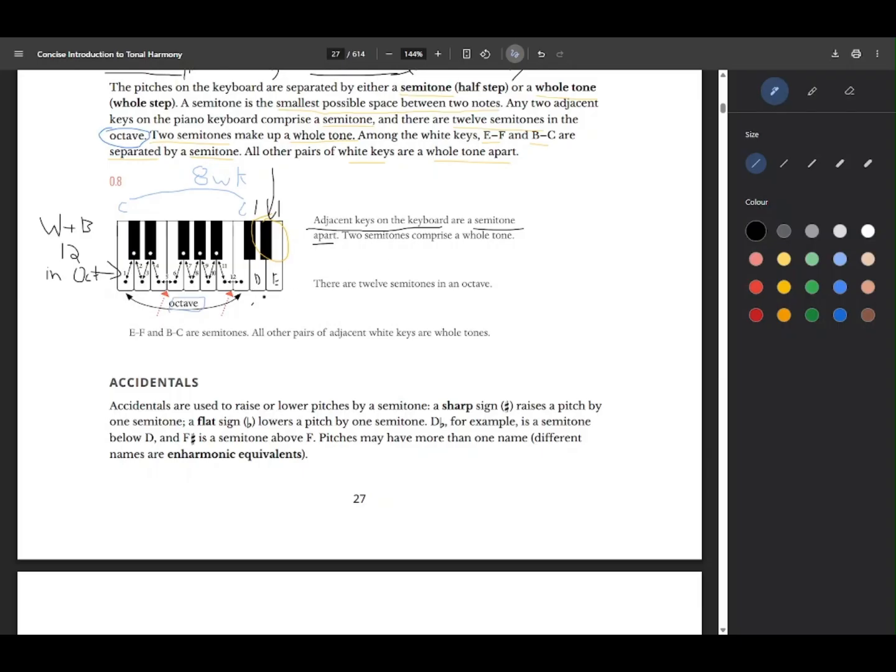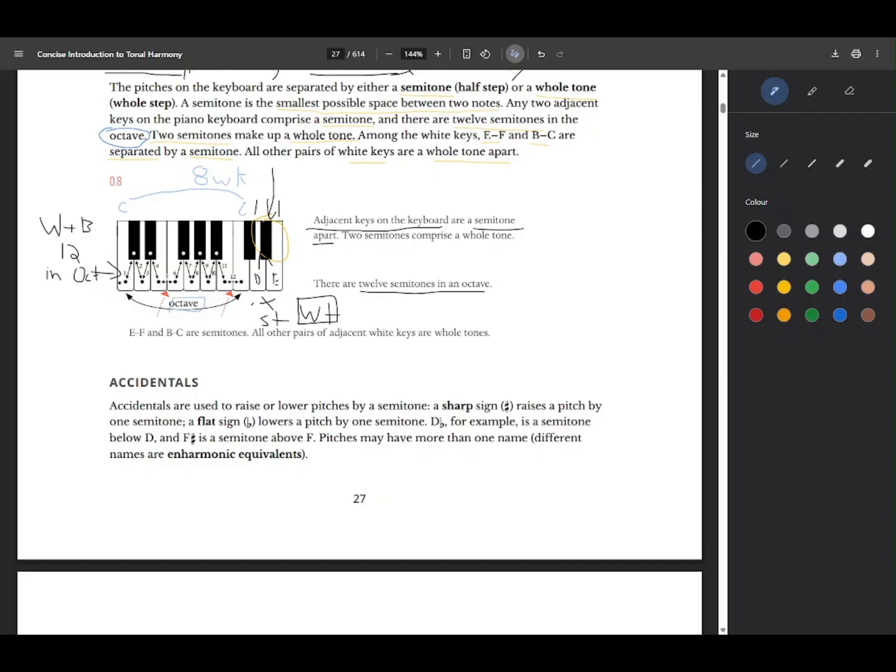So these are in fact not a semitone apart. They are a whole tone apart, because they're not separated by a semitone. They are a whole tone. We said there are 12 semitones in an octave.